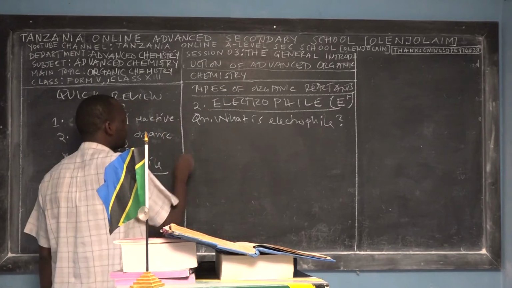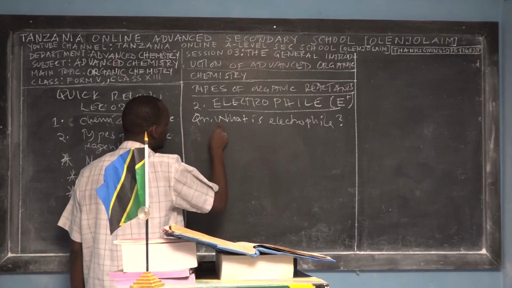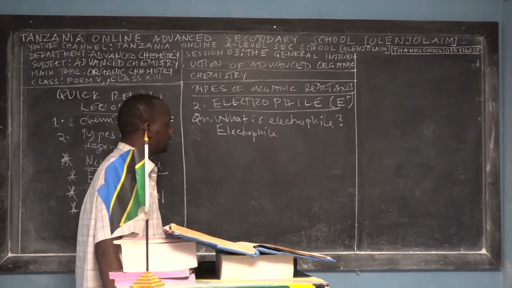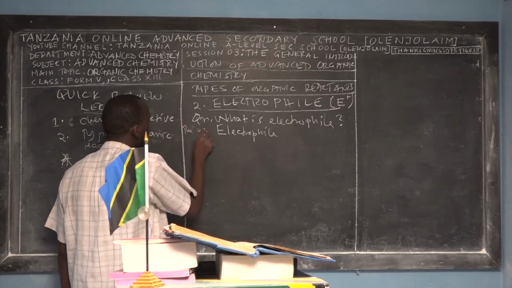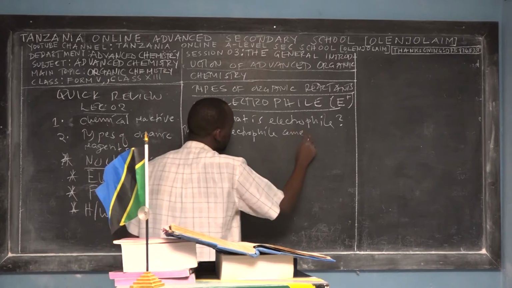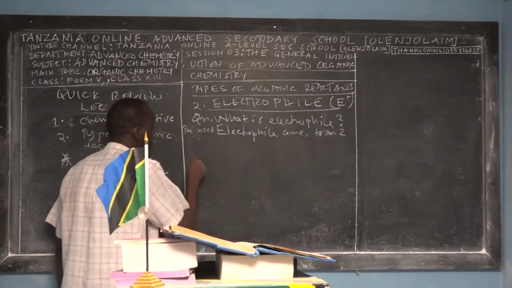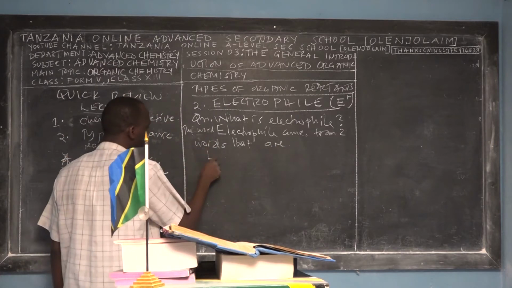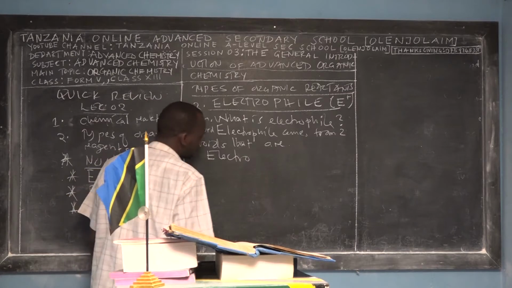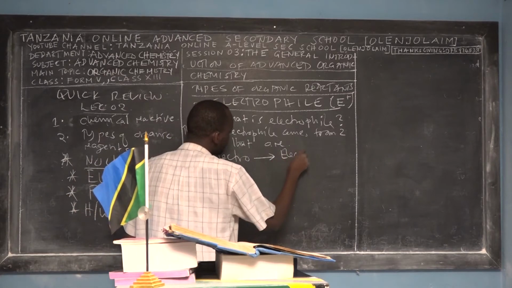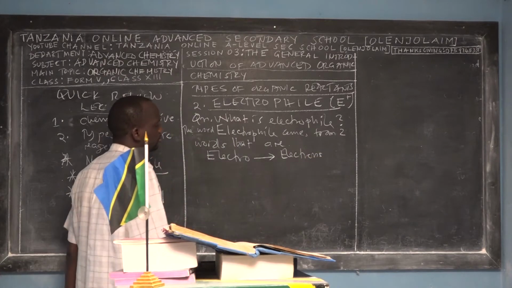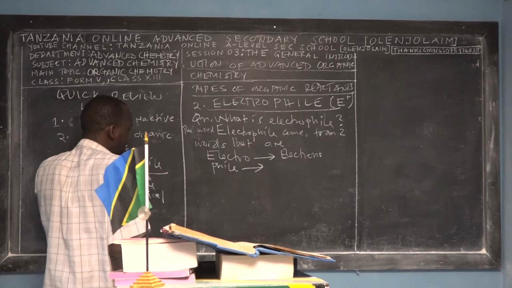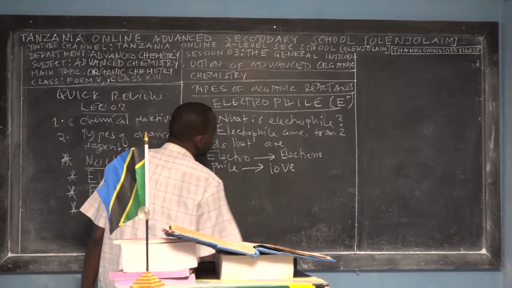We say that, first of all, the word electrophile comes from two words: electro, which means electrons, and phile, as we said yesterday in the previous session, which means love.